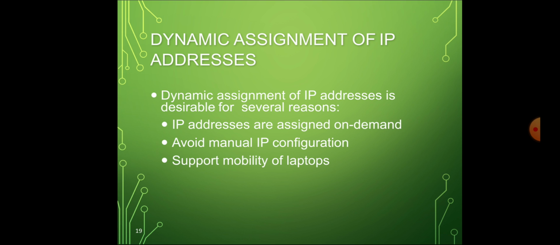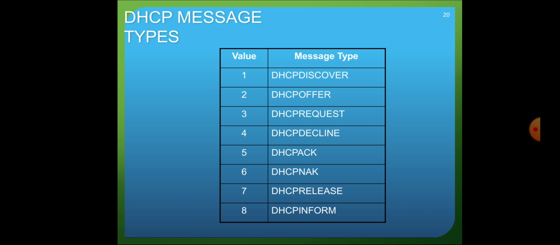For that reason, never assign a static IP address; always go for dynamic. Dynamic IP addressing is nothing but the Dynamic Host Configuration Protocol, and we are going to learn in this lecture how it is assigned.